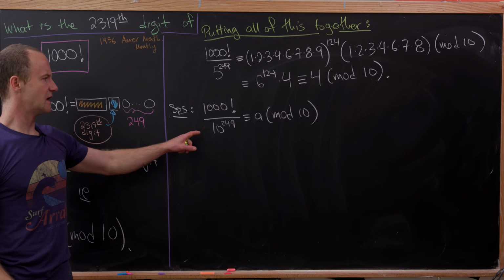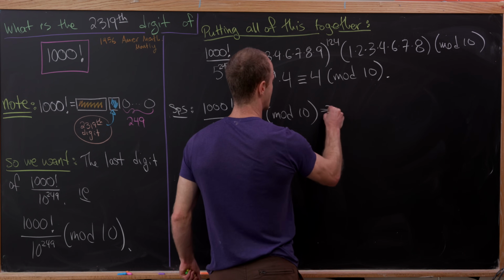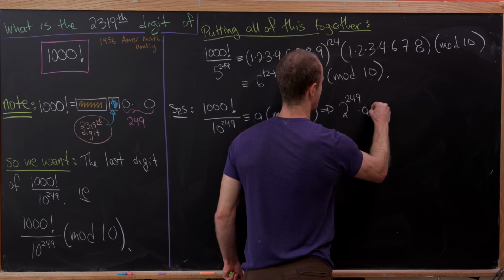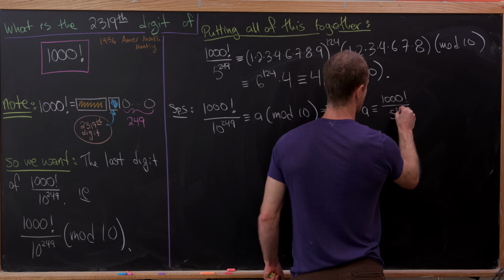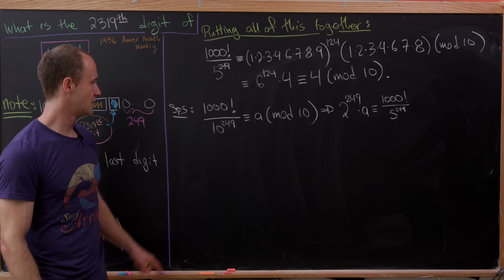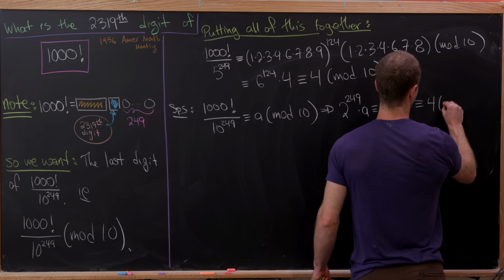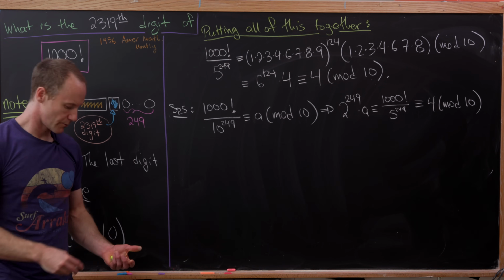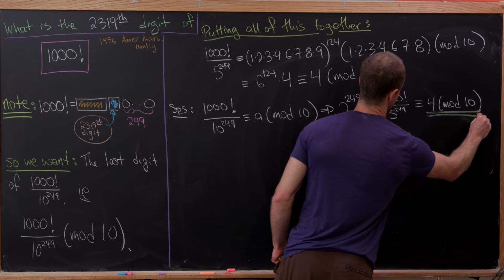Then we can multiply both sides by 2 to the 249, and we'll see that 2 to the power 249 times a is congruent to 1000 factorial over 5 to the 249. Again, just cross multiplying that up, but that was congruent to 4. So this is congruent to 4 modulo 10. Okay, nice. But now we've got just this congruence right here to solve.